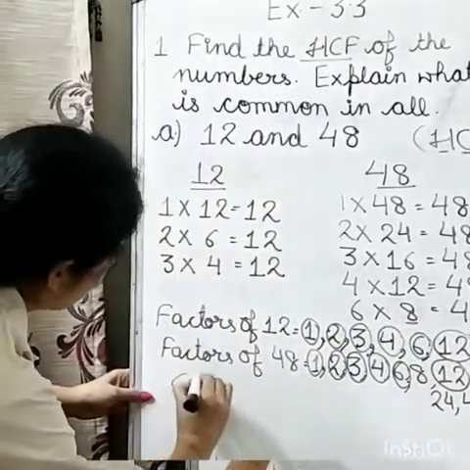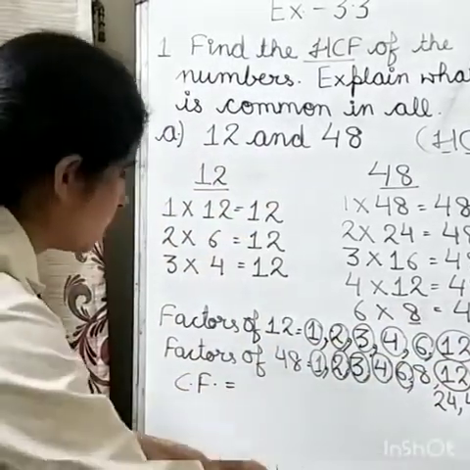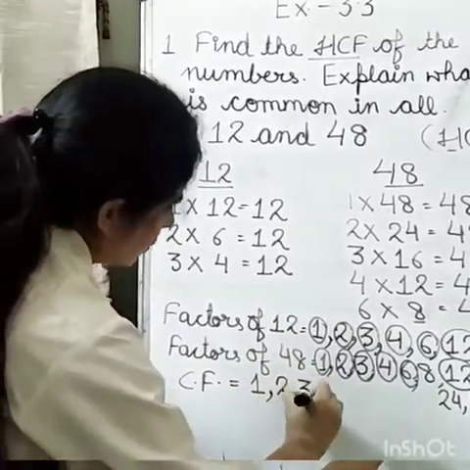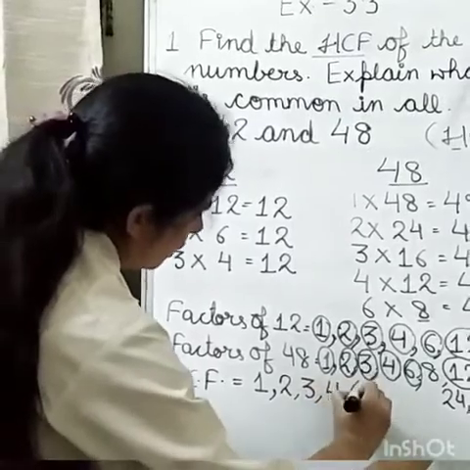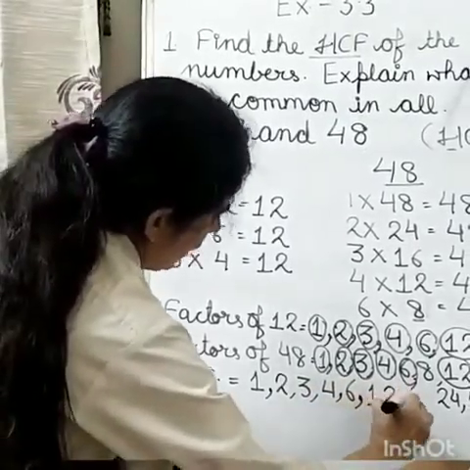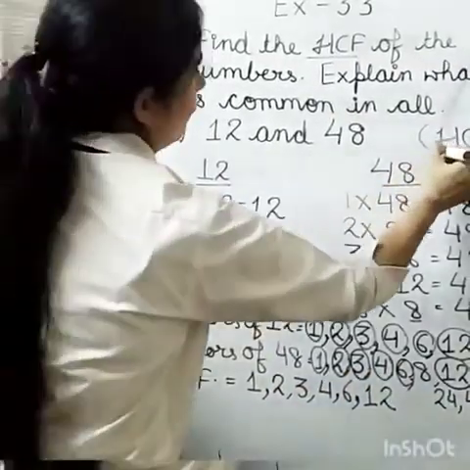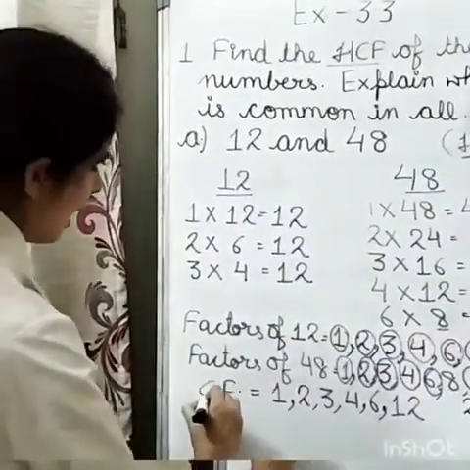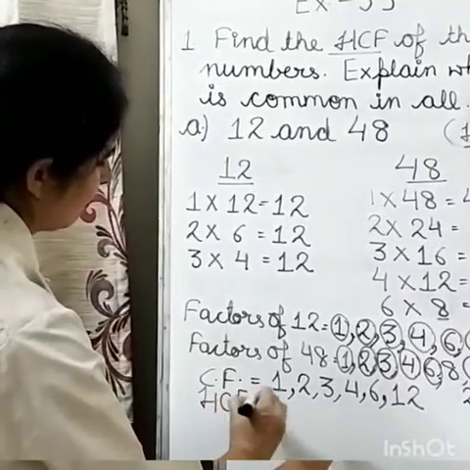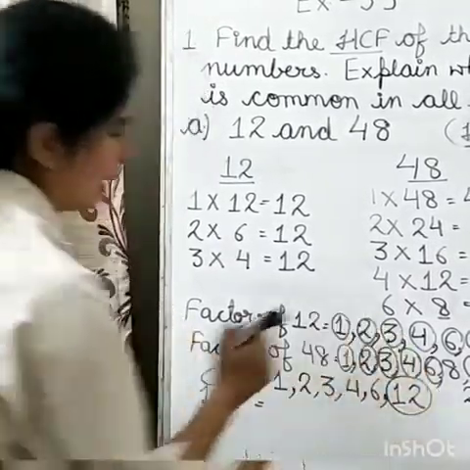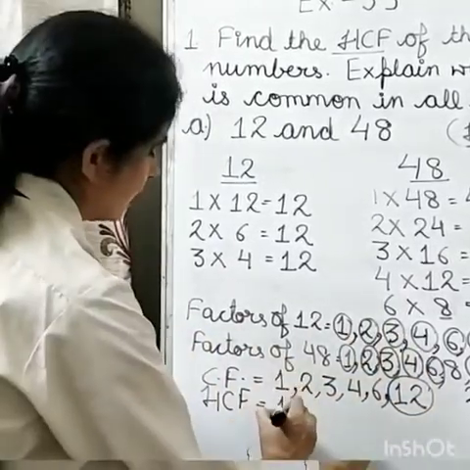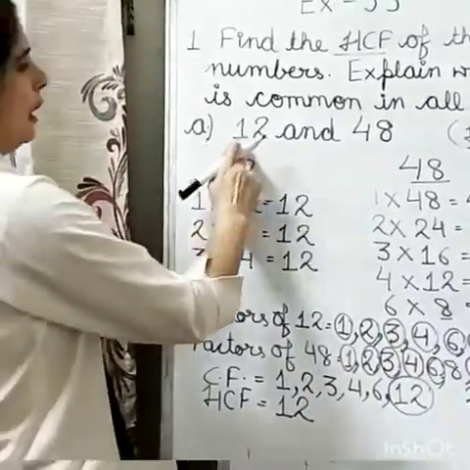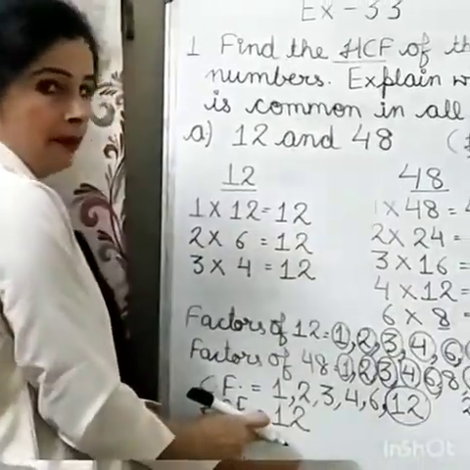So we will write here common factors is equal to 1, 2, 3, 4, 6 and 12. And finally we will write the highest common factor, HCF. Highest common factor is 12. So our answer is 12. So the HCF of 12 and 48 is 12.